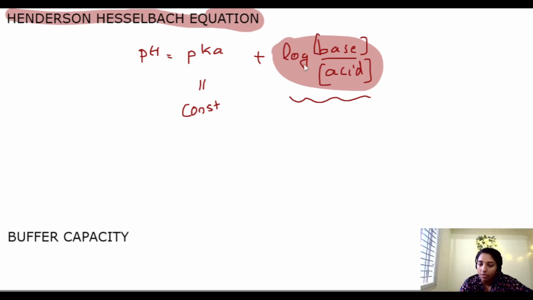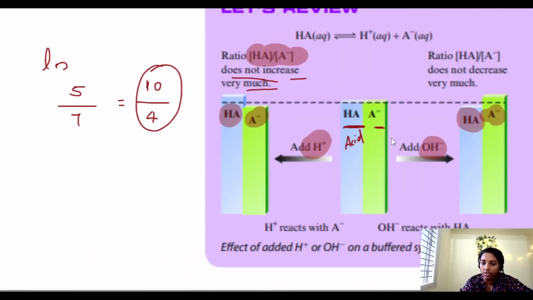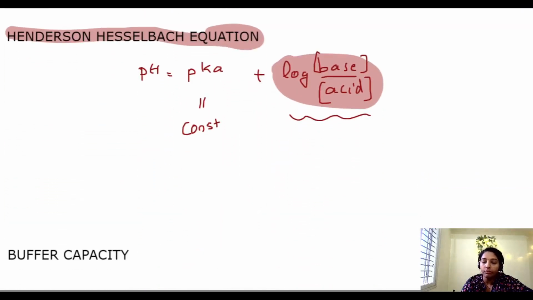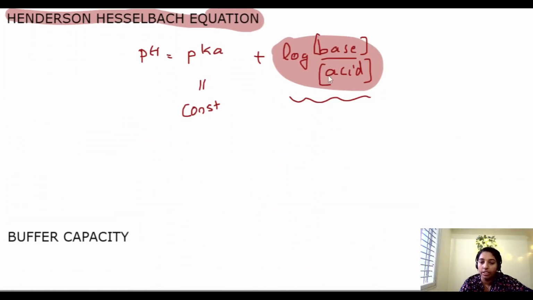That's why I'm telling you, the log of this base over acid ratio does not increase very much or decrease very much. Got it? That's why the pH is not changing.